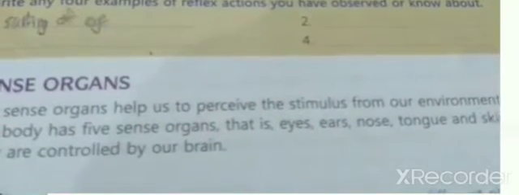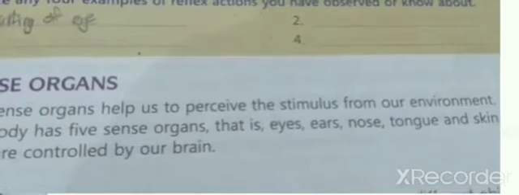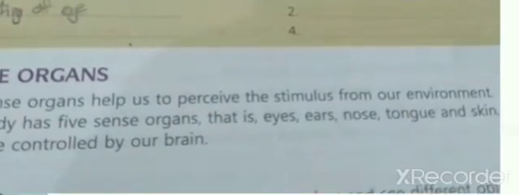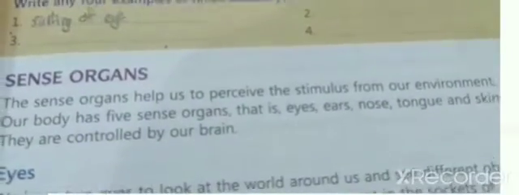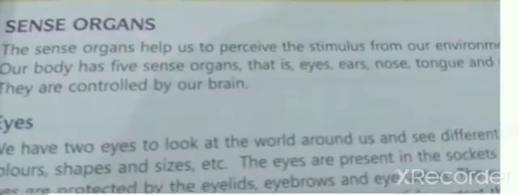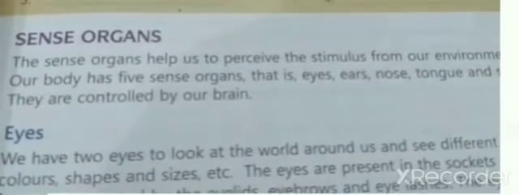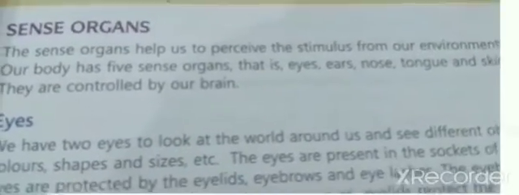Notice what happened: when we touch a hot iron by accident, we move our hand very fast without realizing or thinking about it. We feel uncomfortable, so automatically we remove our leg or hand from that part. So the automatic response of the body to a stimulus is called reflex action.